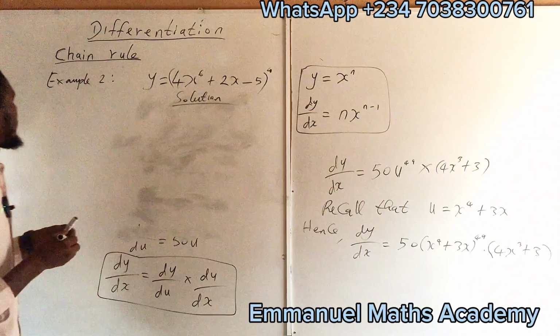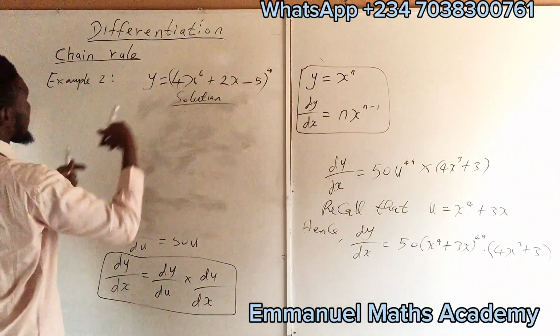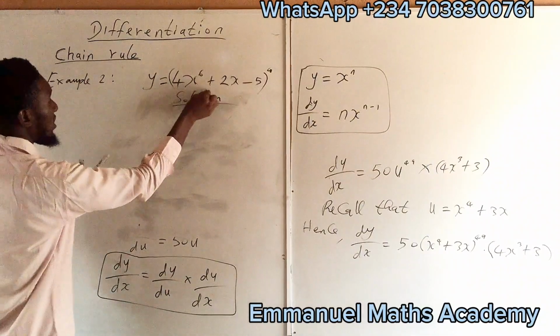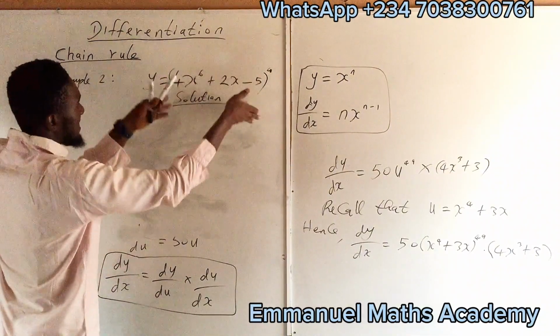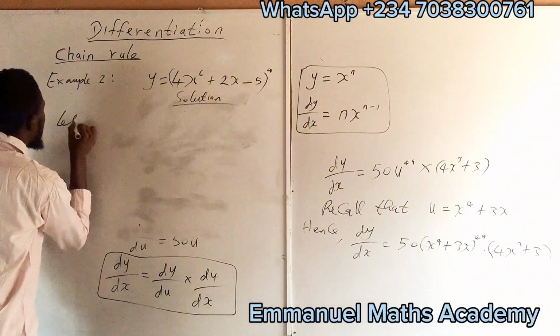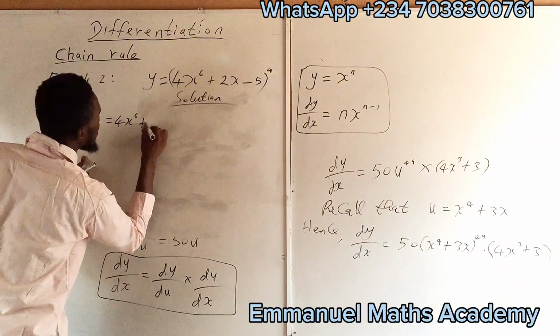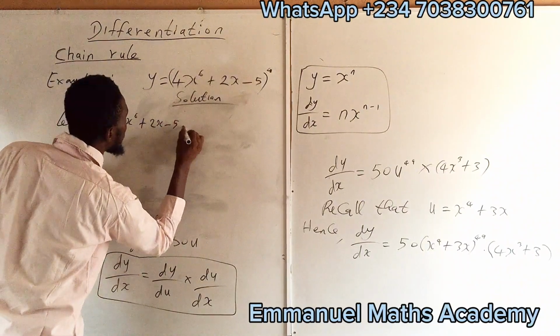Now, we let u be what we have inside this bracket. We say let u equal 4x power 6 plus 2x minus 5.